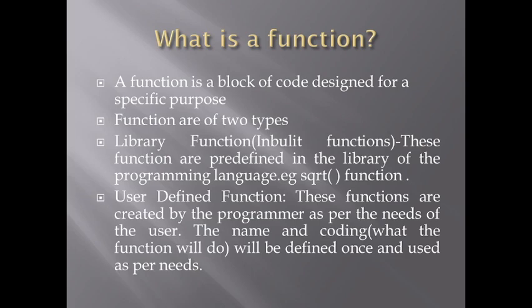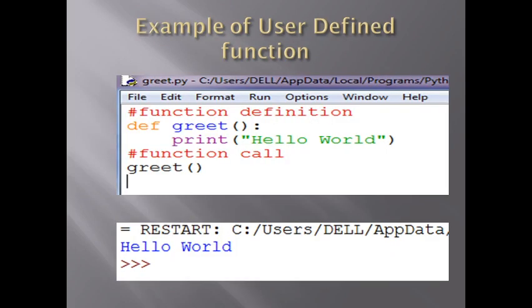We will see it by an example. Here we have created a function named greet. This function prints hello world. So as we are seeing, there is first a comment, it is written function definition. Function definition tells what the function does.